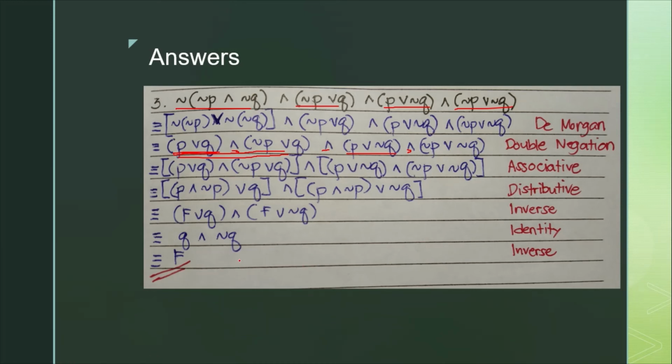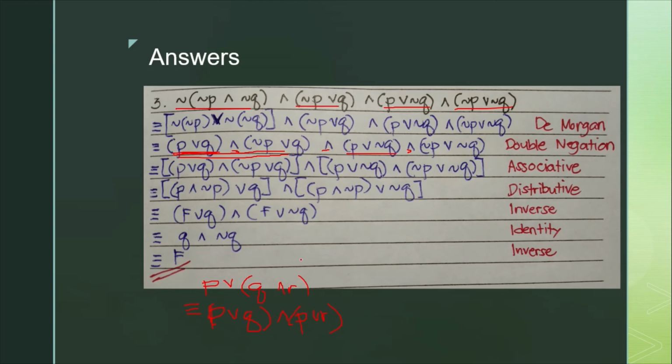If you recall the distributive law, we have P or (Q and R). This is equivalent to (P or Q) and (P or R).